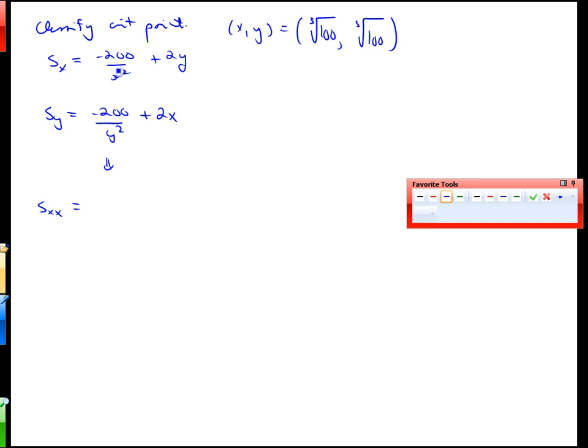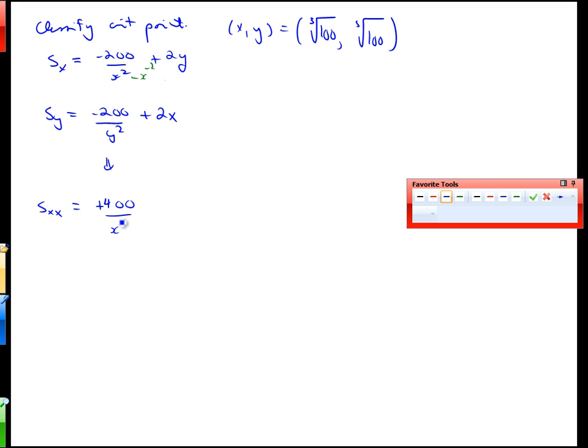The x derivative of that would be positive. This is x to the negative 2. When we differentiate it, it becomes x to the negative 3. And so we'd bring a 2 down front, so we'd have 400.